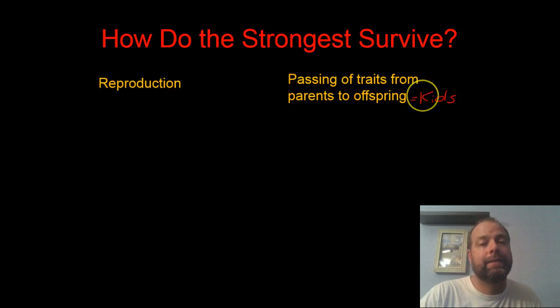Offspring is kids. So if you're a boy rabbit and survived, and you're a girl rabbit and survived, that means you probably have good eyesight. It probably means you're able to hear the foxes. It probably means you have good camouflage and you're able to hop pretty darn fast.